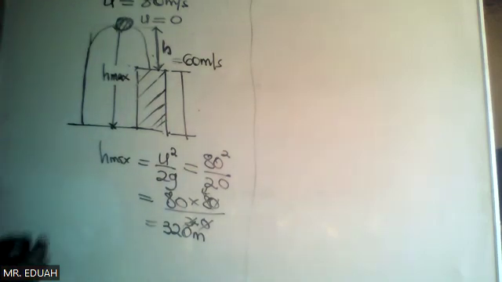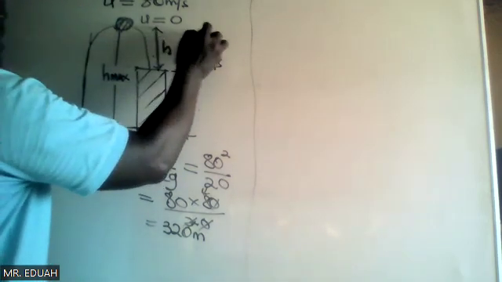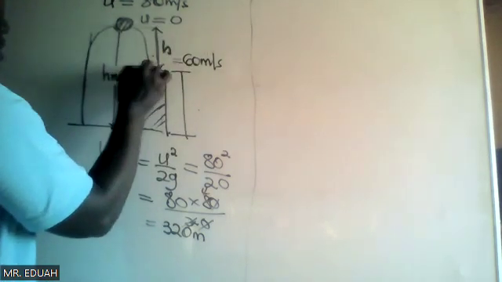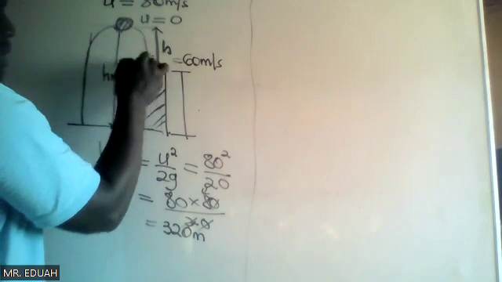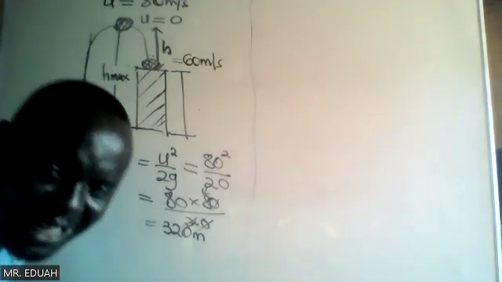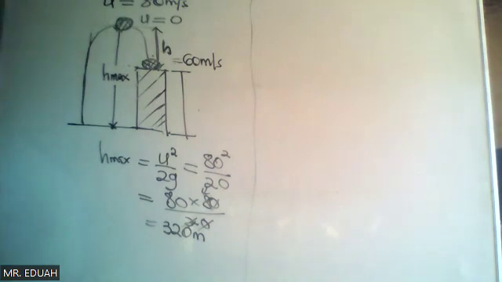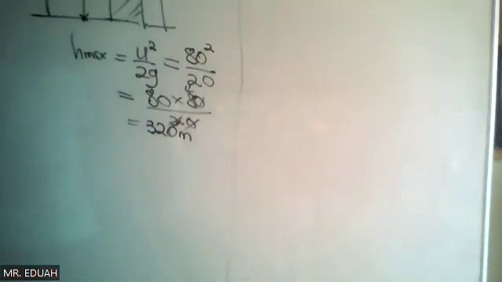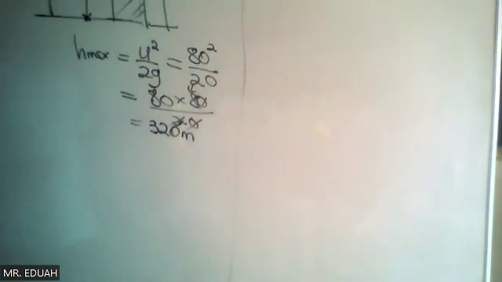Okay, so if the initial velocity is 0, and just when the body hits the roof, it is hitting the roof with a velocity of 60.